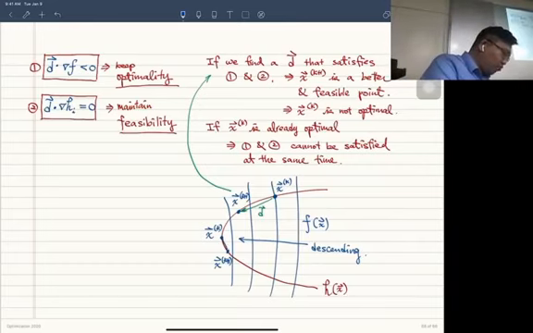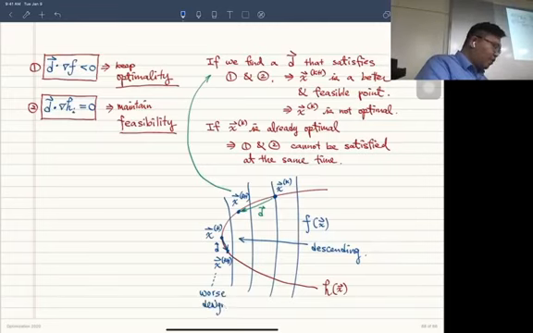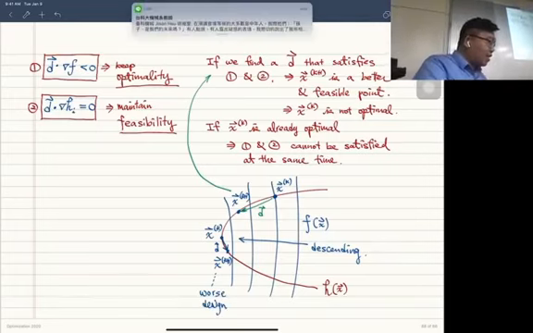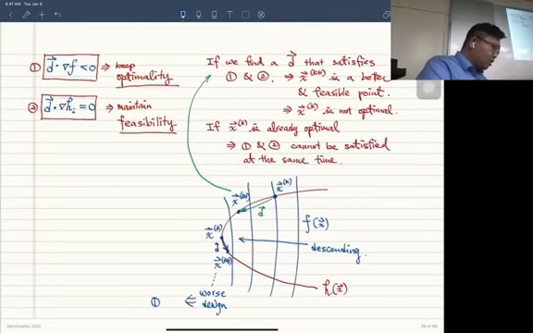Your moving direction d is like this, and this is a worse design, so rule one doesn't satisfy.